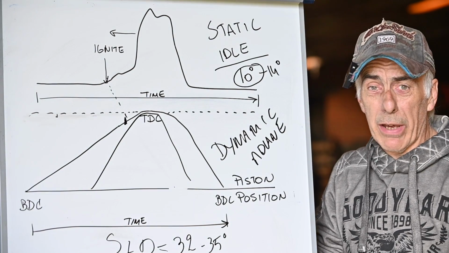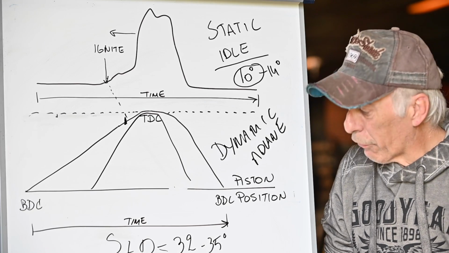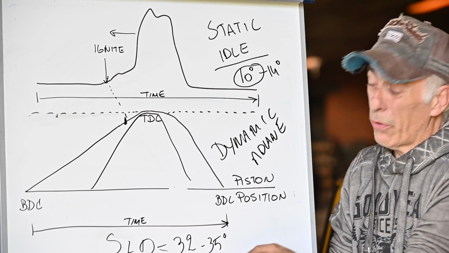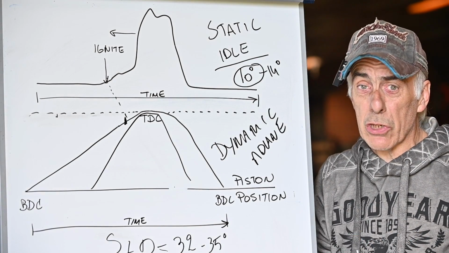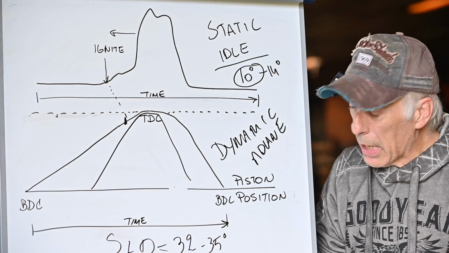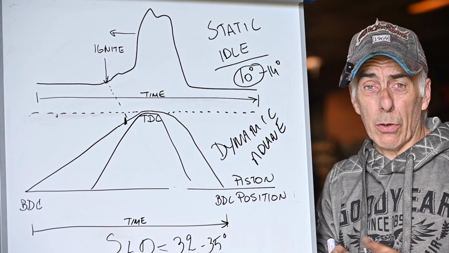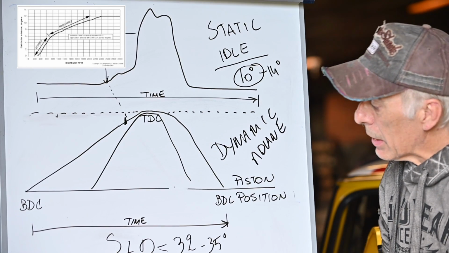This is kind of a rule of thumb. Of course, if you have a race engine, it's going to be different. But for a standard engine, 32 to 35 is about the maximum total advance the engine should have at high RPMs. And there are curves that actually show that. I'm going to try to get a curve in the video afterwards to show you where that is sitting.